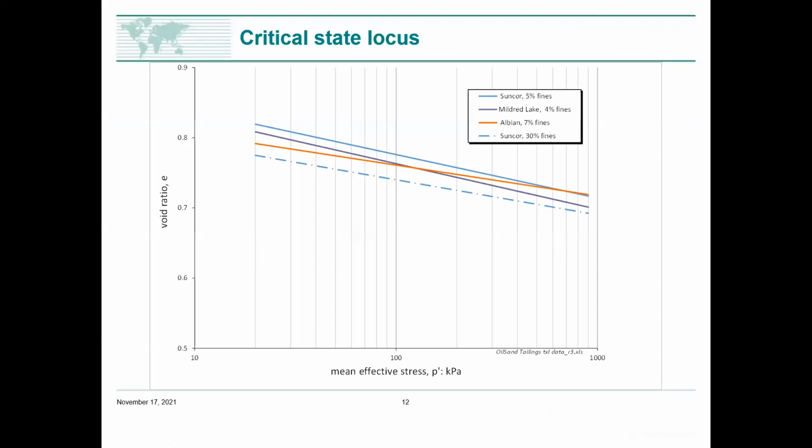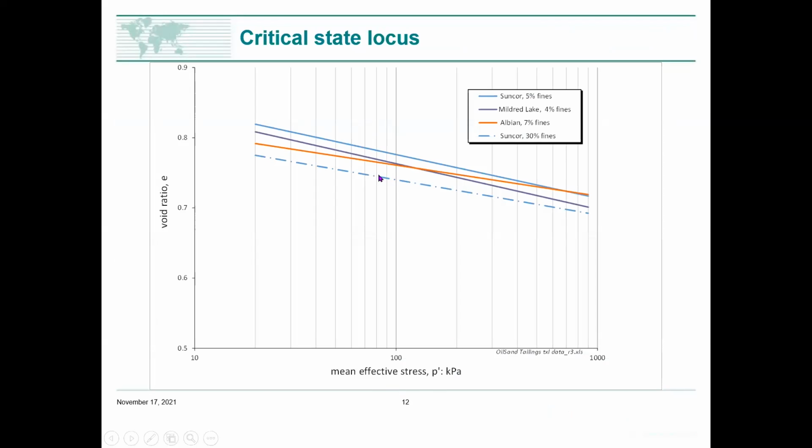To bring you back to the particular case of Tar Island, we have 4 critical state loci that I have access to, and these are they on the screen. We're plotting here void ratio versus mean effective stress. You can read that. The blue lines are from the early days of Suncor.